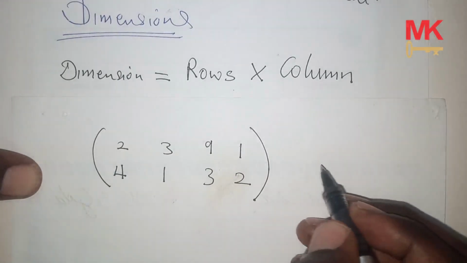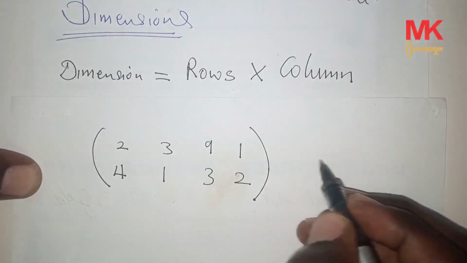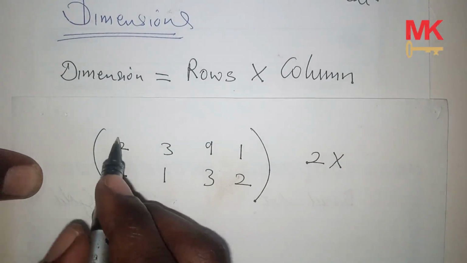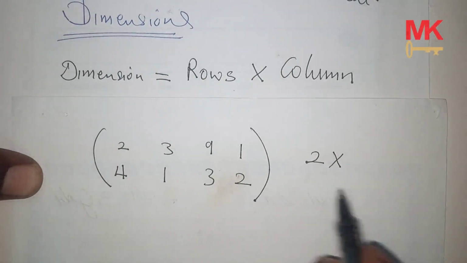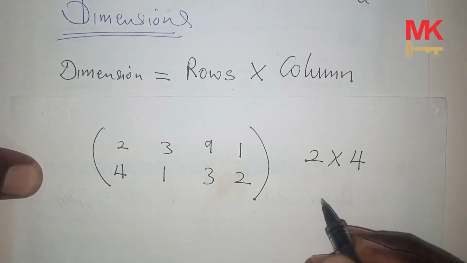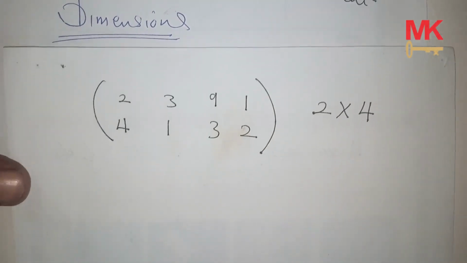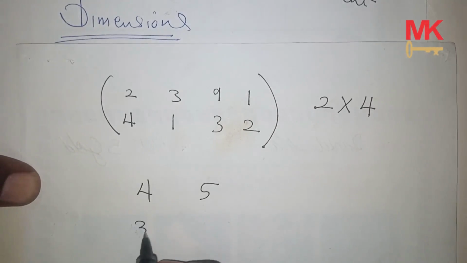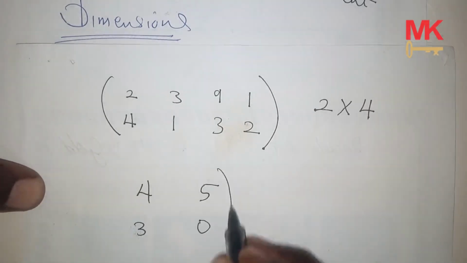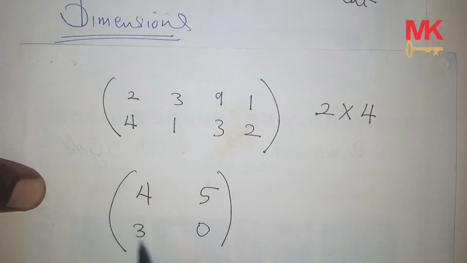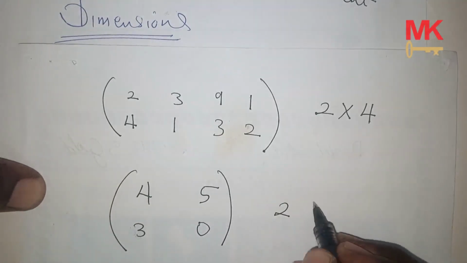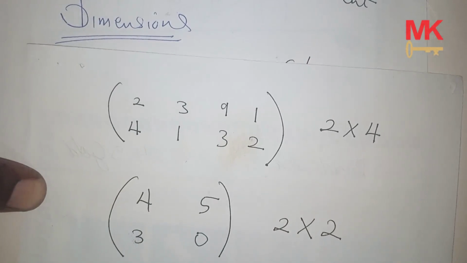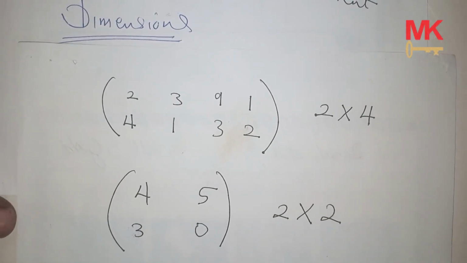If you can guess, it's obviously a 2 by 4 matrix. Another example, you can have 4, 5, 3, 0. It has 4 elements, so this is a 2 by 2 matrix. So that's about the dimensions of matrices.